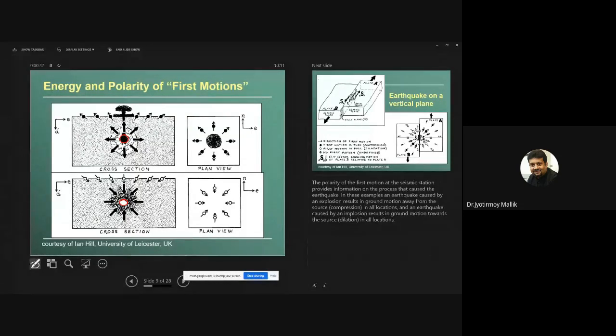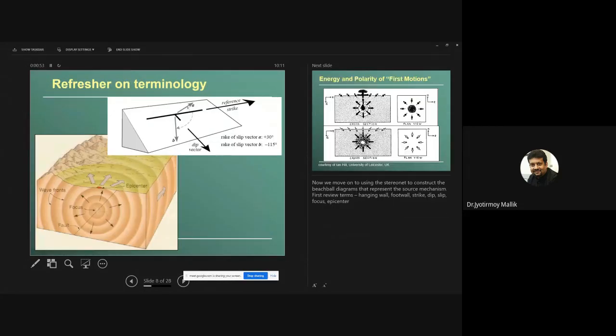This is where the elastic collision is happening. If I compare it with this diagram, this is my fault plane, and this is where the origin of the earthquake is. This is where the elastic energy is being released.